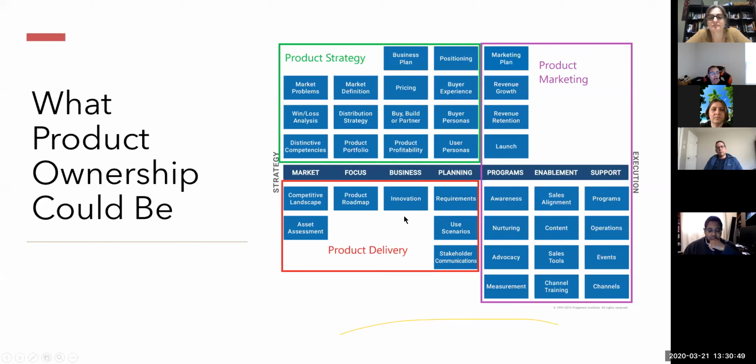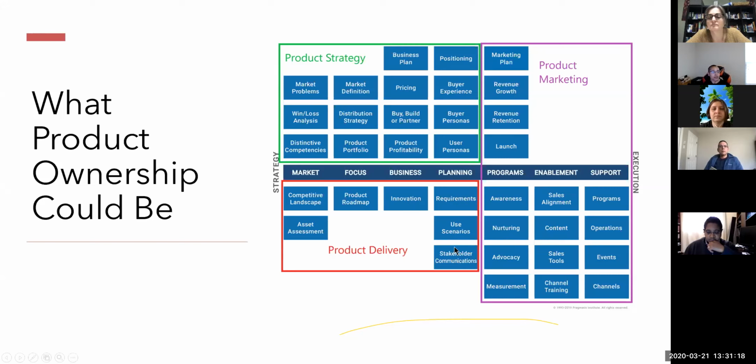So for instance, a lot of what you see is the product owners working in the requirements and use scenarios. That's all they're doing. They're writing user stories and scenarios for your teams. You may have some that are actually working in the stakeholder. I've seen product owners or product managers where they do this L, or backwards T, if you will, half T, where they do product road mapping, they do innovation, they do requirements and use scenarios and stakeholders.